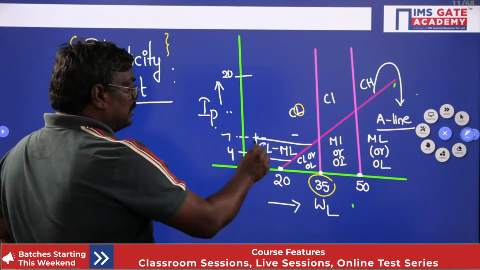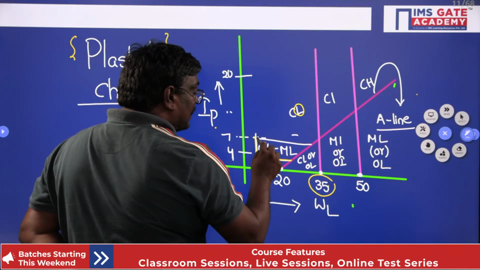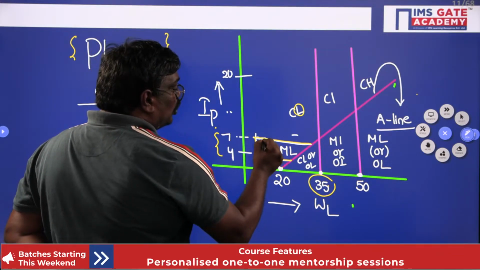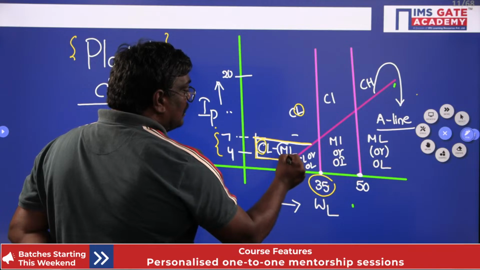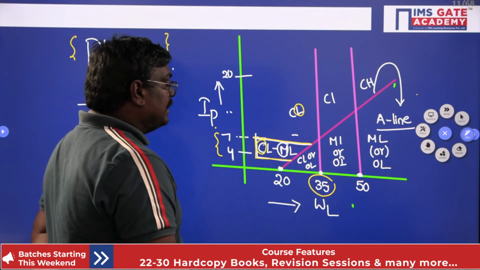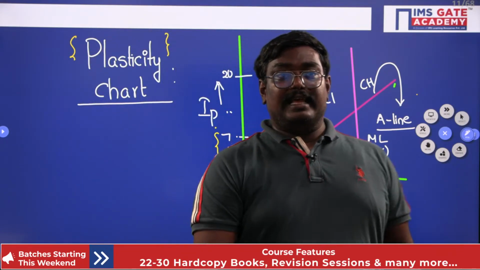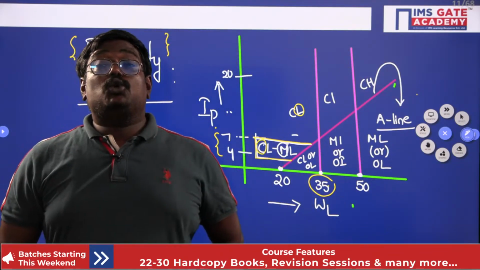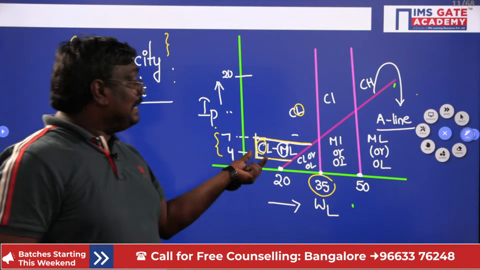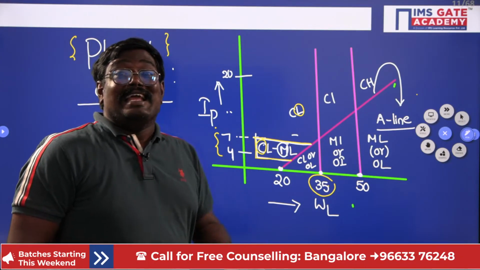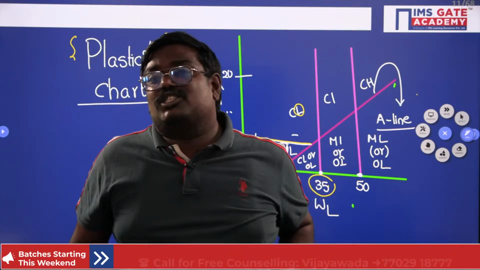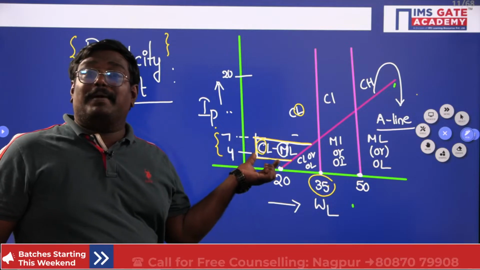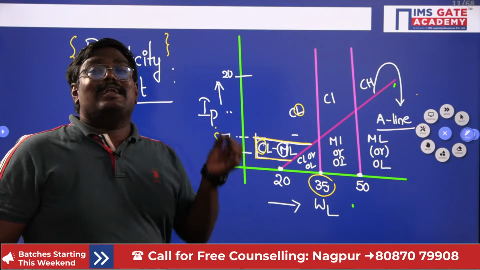What I would like to tell you here is, if you have a plasticity index value between 4 to 7, you will have both the nature of clay and silt. Agree? If the plasticity index is between 4 to 7, it has the dual nature. What is the dual nature? It has both the properties of clay and silt.